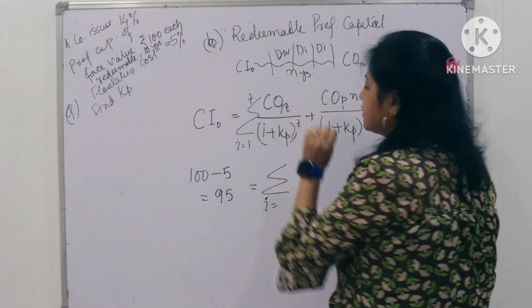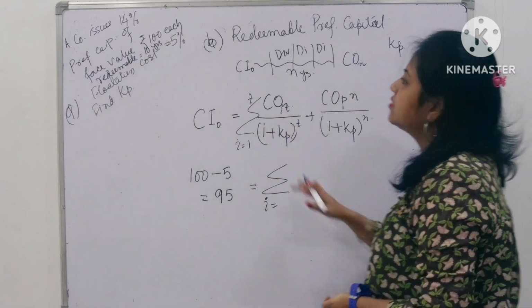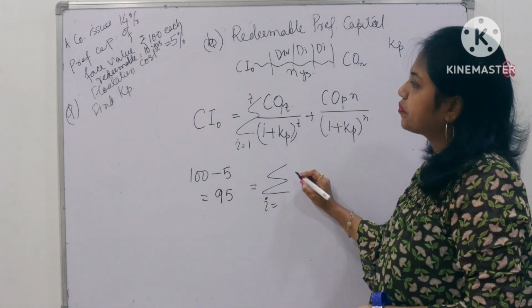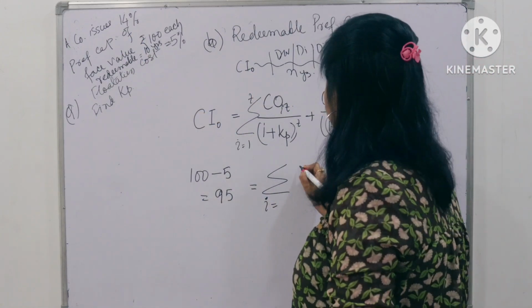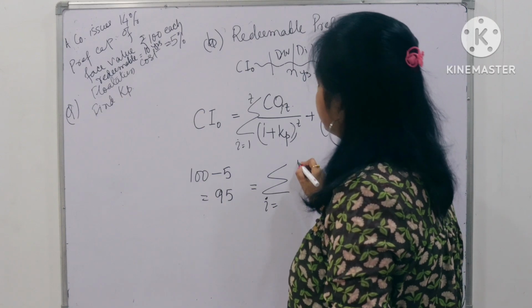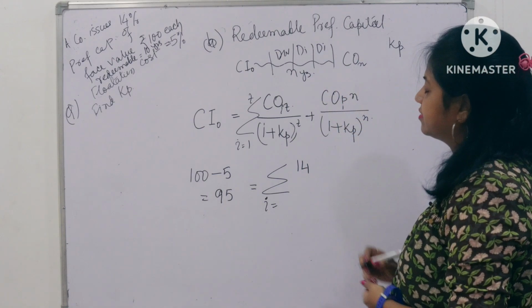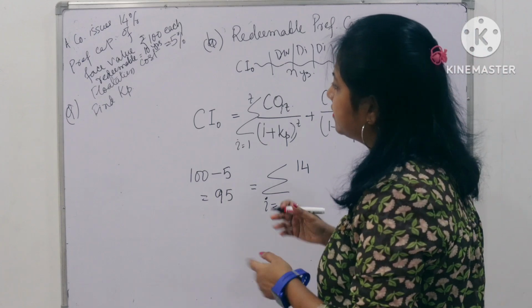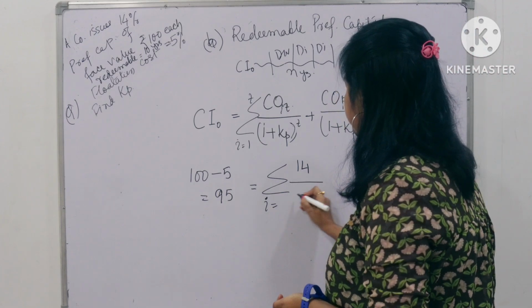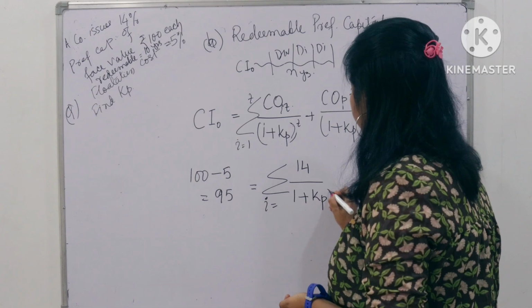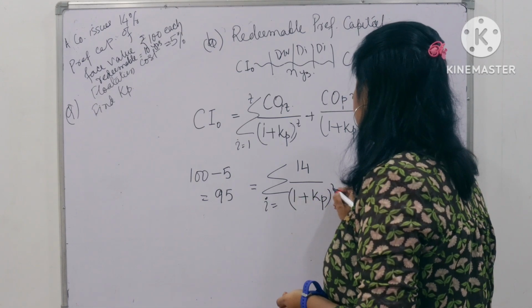Here the cash outflow is the dividend. 14% of 100, so our dividend will be 14 rupees. But there is no taxation on the dividend, so let's ignore the tax part. Divided by 1 plus Kp to the power t.